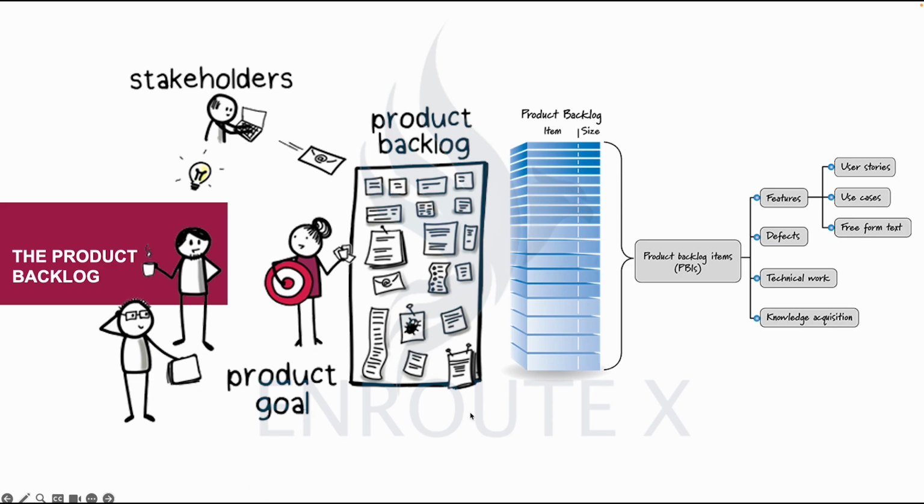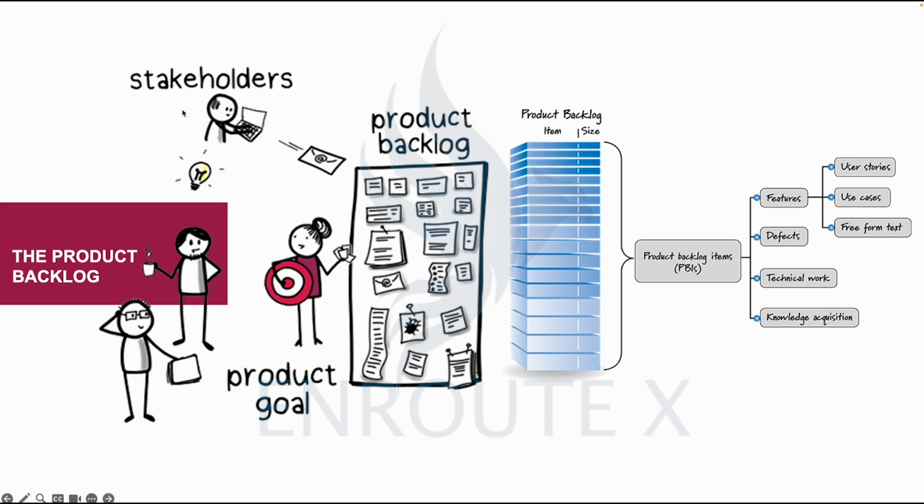Okay. So this is the product backlog for those taking the product owner. Under the product owner, we will look closer at this to understand more what the role of a product owner in Scrum is. So we can see the product backlog here, listed here.